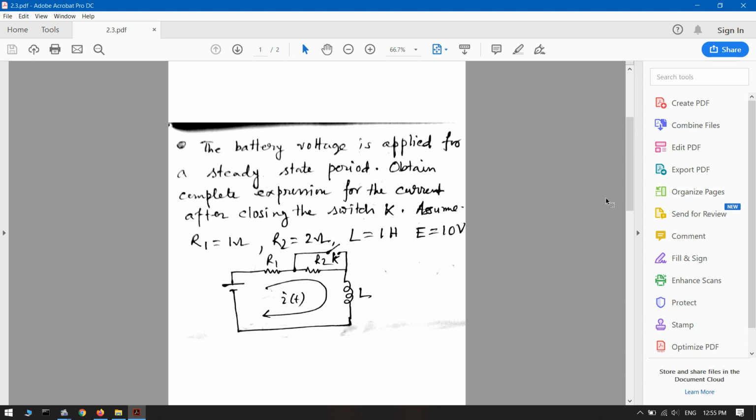I am not getting your plus 10 into S plus 1 by 3S. I have solved 10 by S minus 6.67 by S plus 1.